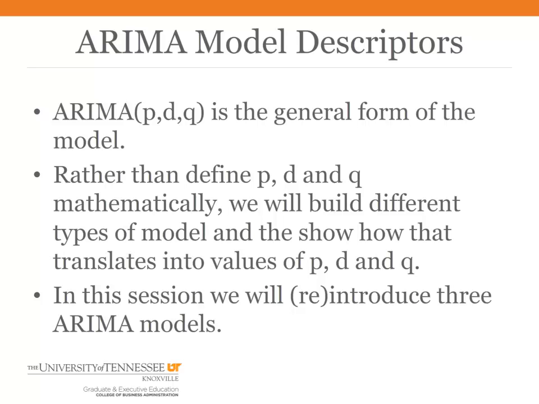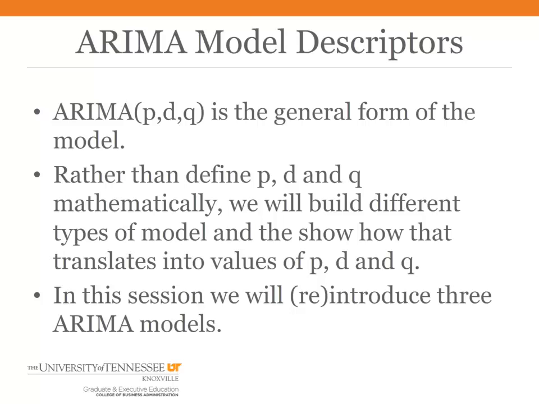And rather than go through all of the description of what those mean, I'm just going to reintroduce models that you already know and illustrate what P, D, and Q mean and how this terminology can be used to describe those models.